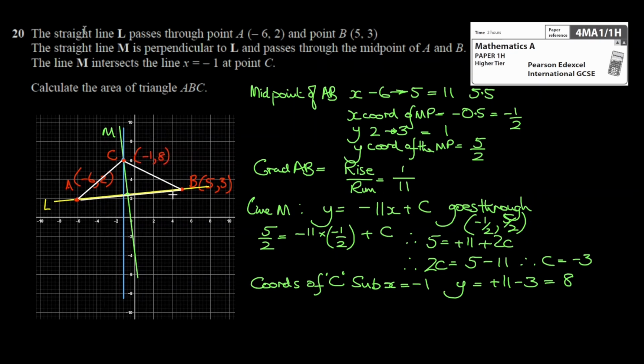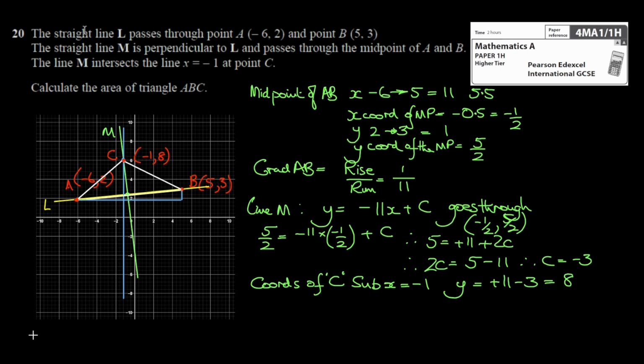So we've got a triangle now, ABC, that we know all the coordinates of. So all we need to know is find the length of AB and find the length of the perpendicular from the midpoint up to C. So if you imagine a right-angled triangle underneath, we know this distance and we know this distance, therefore we can find AB.